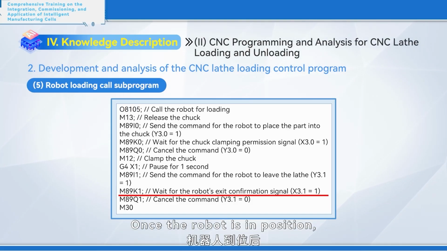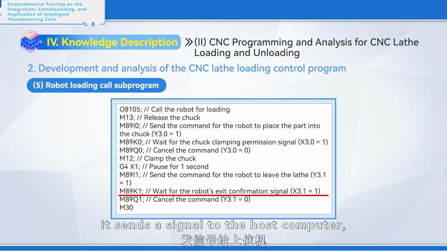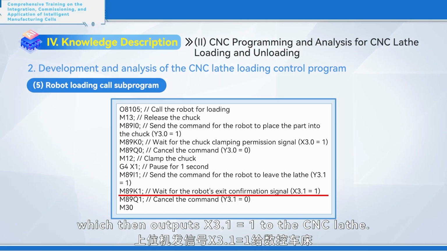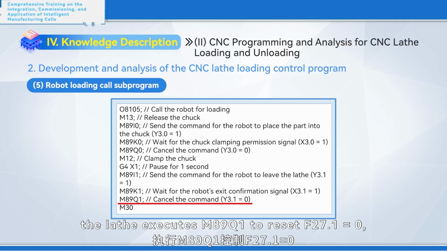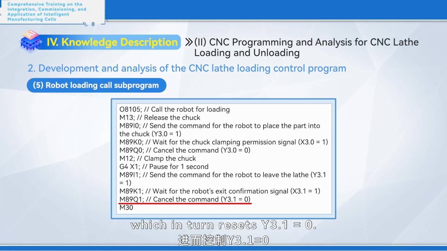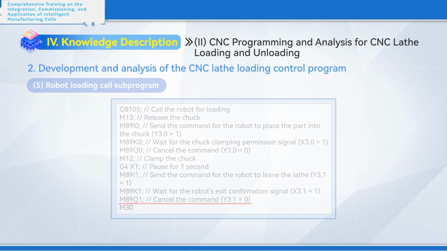Once the robot is in position, it sends a signal to the host computer, which then outputs X3.1 equals 1 to the CNC lathe. Upon receiving this signal, the lathe executes M89Q1 to reset F27.1 equals 0, which in turn resets Y3.1 equals 0.